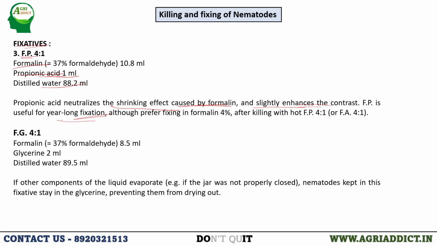This fixative can be the best for the preparation of permanent slides. Next is formalin and glycerin 2 ml and distilled water the remaining part. Here the other components of the liquid will evaporate, whereas the glycerin will stay in the same condition. It adds an advantage of preventing the nematodes from drying out.